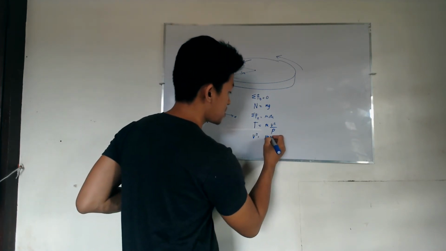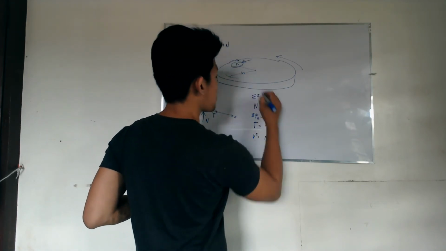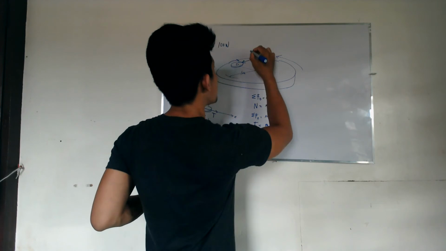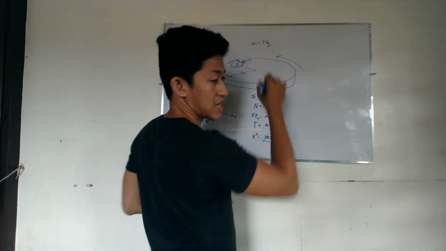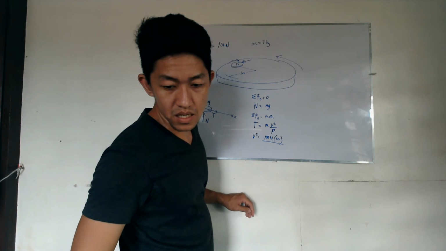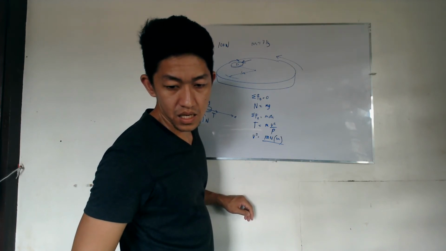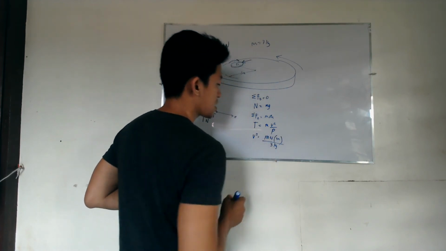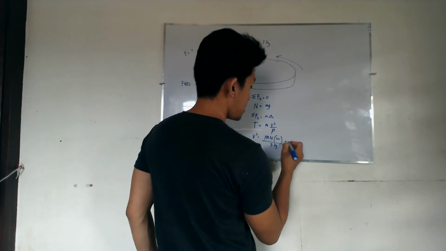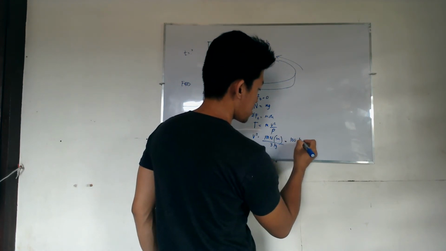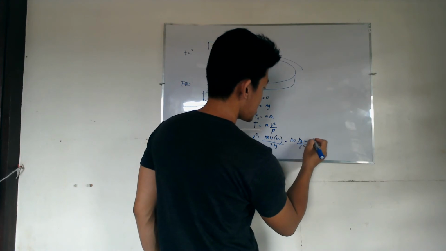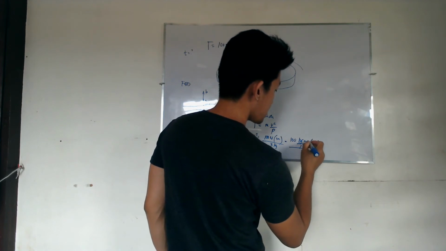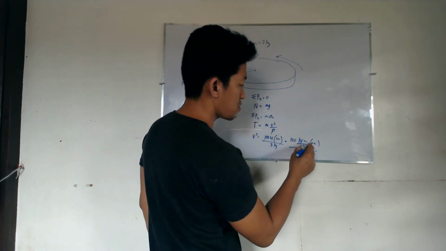So 100 newtons times, by the way, 1 meter, divided by the mass, which is 3 kilograms. Right? The newton is kilogram meter per second squared, so 1 meter over 3 kilograms. The unit will be meters squared per second squared.